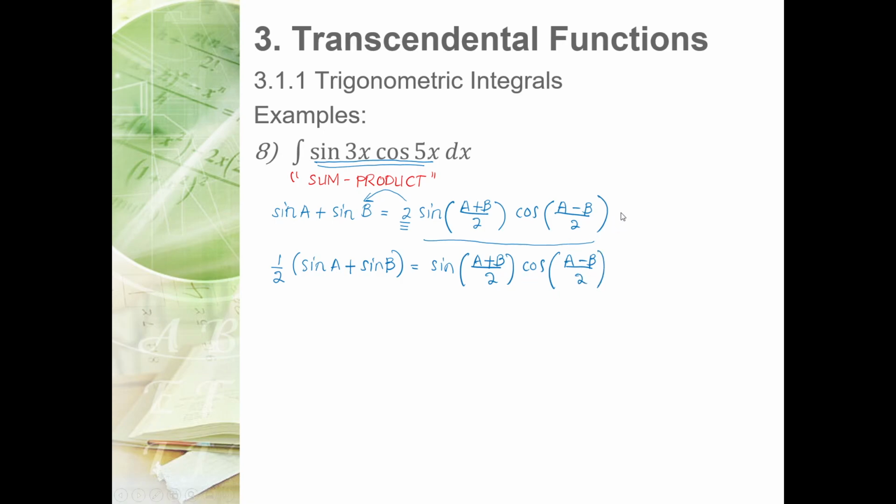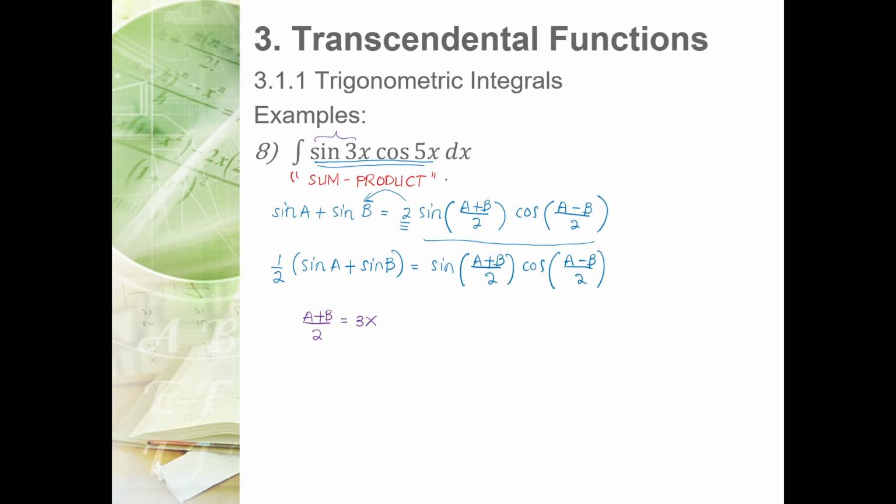So what we need to do here, again, is determine the different angles. Determine first the A plus B. So sine of (A plus B) over 2 is equivalent to 3x.